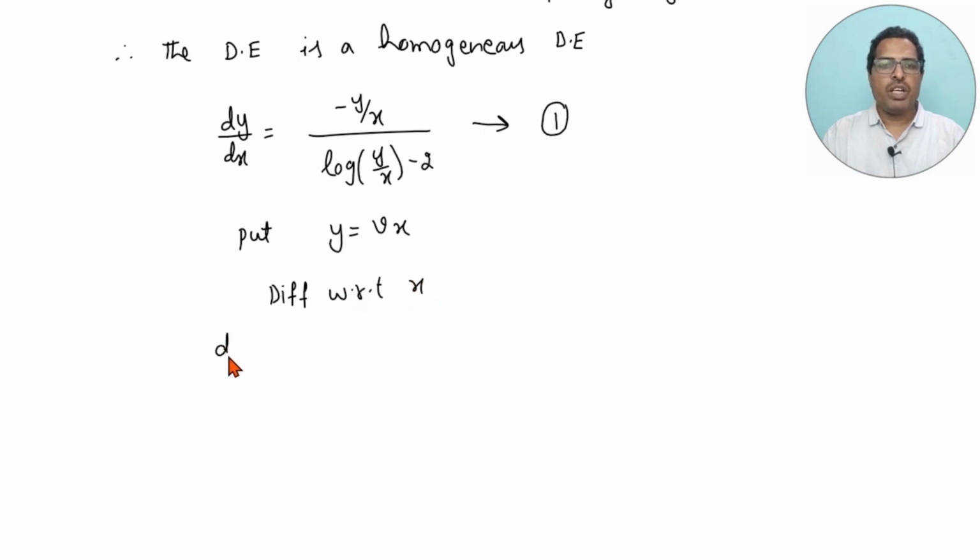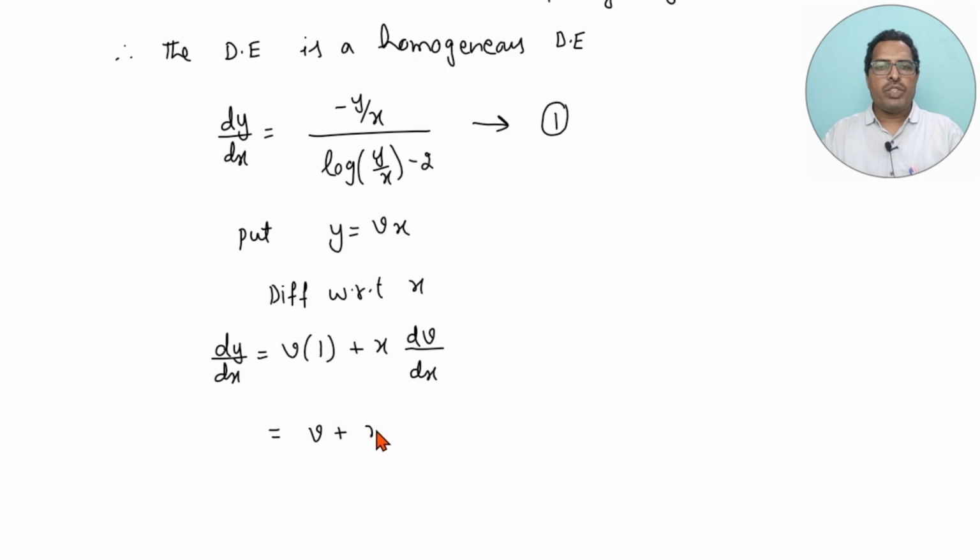So we get dy by dx is equal to, on the right hand side vx is a product, therefore we will use the product rule. v as it is, differentiation of x is 1, plus x as it is, differentiation of v with respect to x will be dv by dx. That can be rewritten as v plus x into dv by dx. You can just substitute this back in equation number 1.